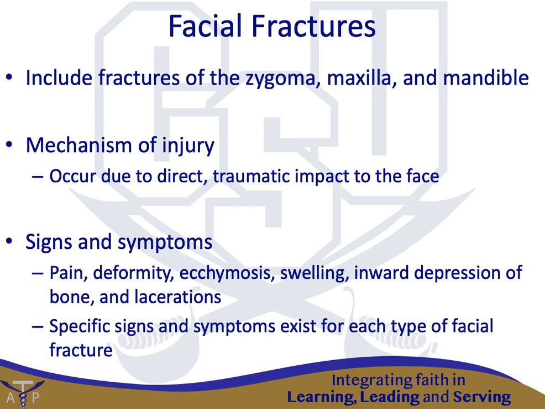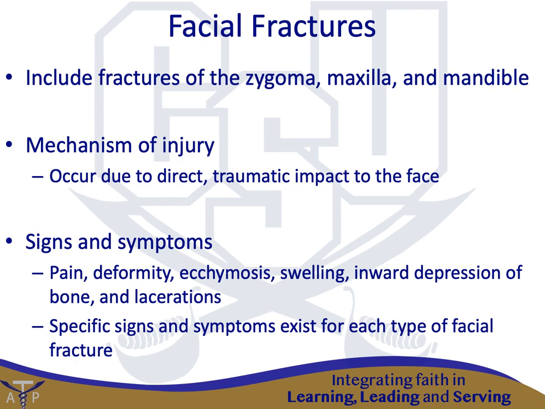First and foremost, facial fractures. We have many bones of the face, and fractures typically include the zygoma, which is the cheek area, the maxilla, which is the upper part of the face or upper part of the lip, right underneath the cheek, and then the mandible, which is the jaw area. All these areas could be very traumatic if there's a fracture.